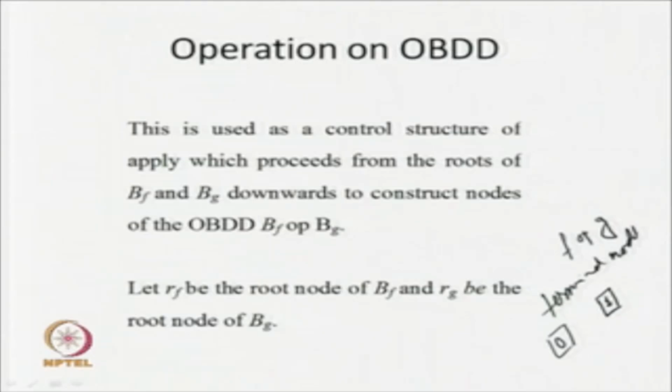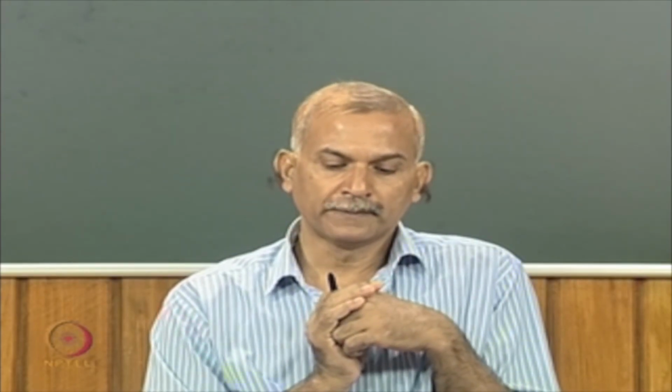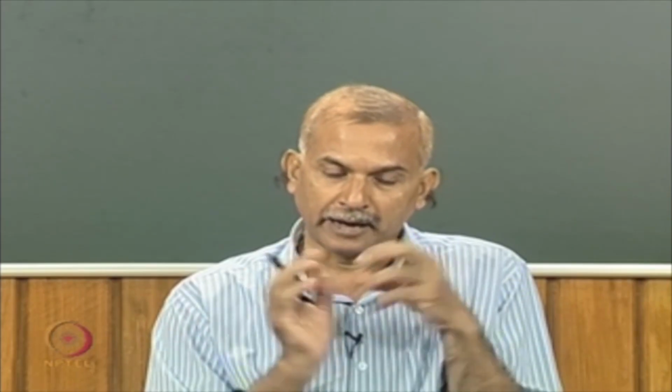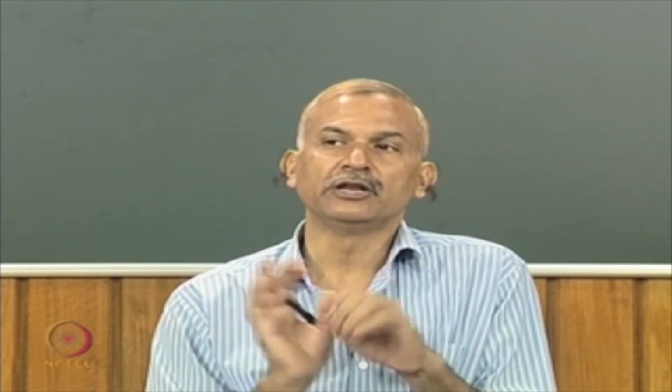When I come to these terminal nodes, I can apply the operation, because I know that if my operation is, say, dot, then 1 dot 1 is equal to 1, and for other combinations, 1 dot 0 is equal to 0, or 0 dot 1 is equal to 0. Like that we construct the resultant BDD, and when we get the terminal nodes, we can eventually apply the operation on those terminal nodes.